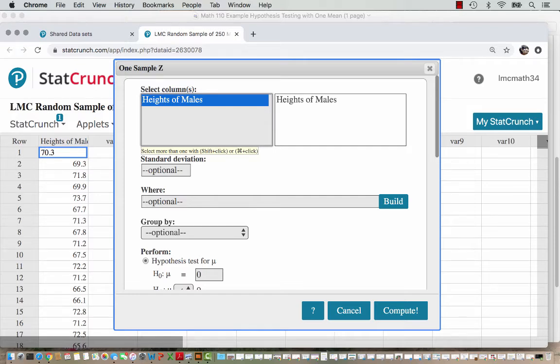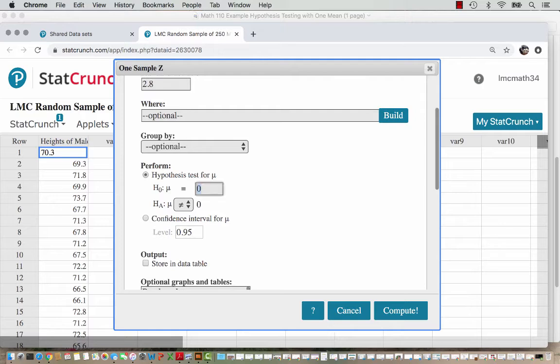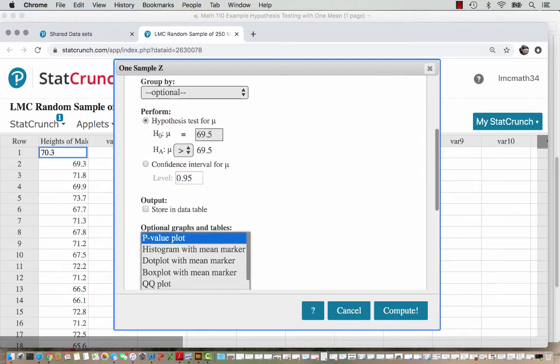You could put in the population standard deviation. Let's go ahead and do that, the 2.8. And then we're doing our hypothesis test to compare to the height of 69.5 inches. And we'll do the greater than inequality.